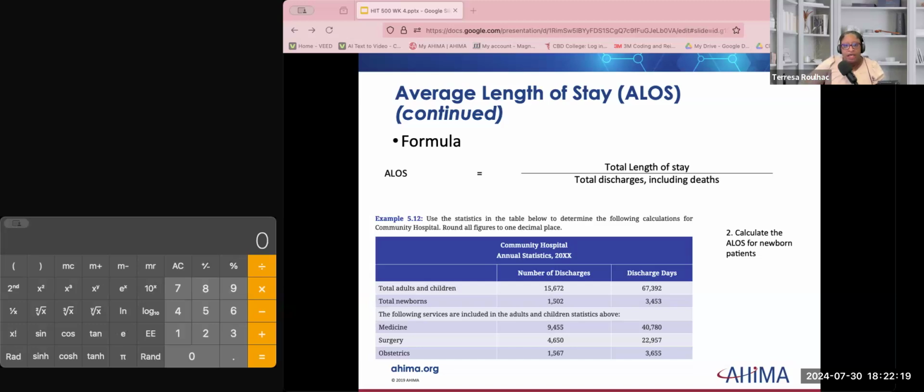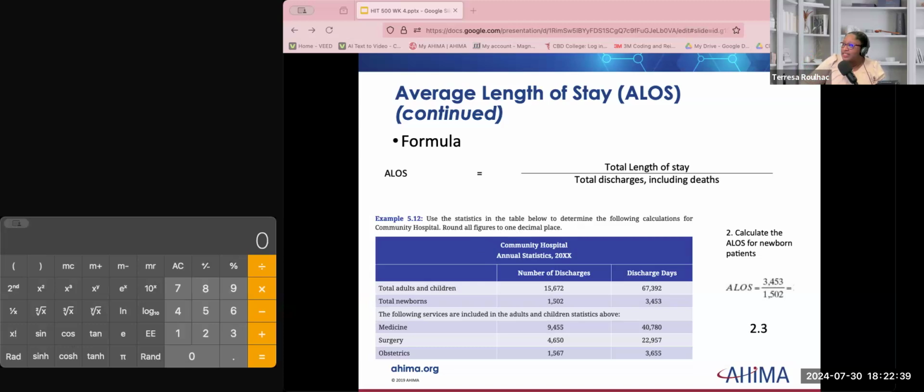Let's set ourselves up, and then I'm going to let one of you tell me what you have. 3,453 divided by 1,502. Again, perfect. We have that one decimal place. That is correct.